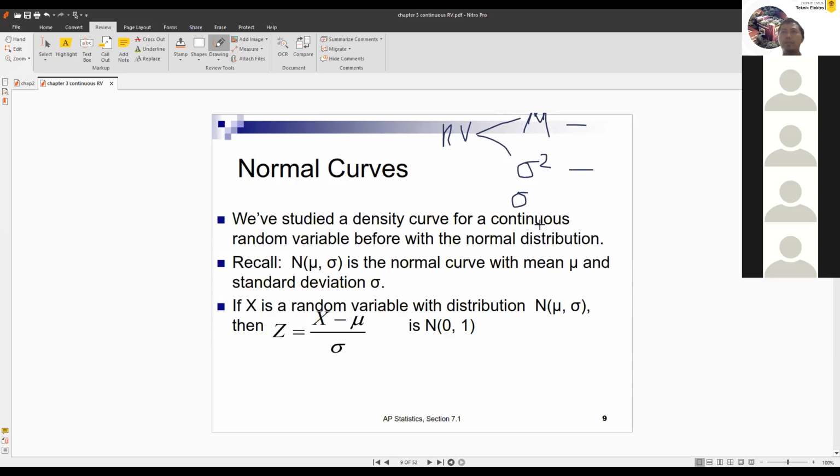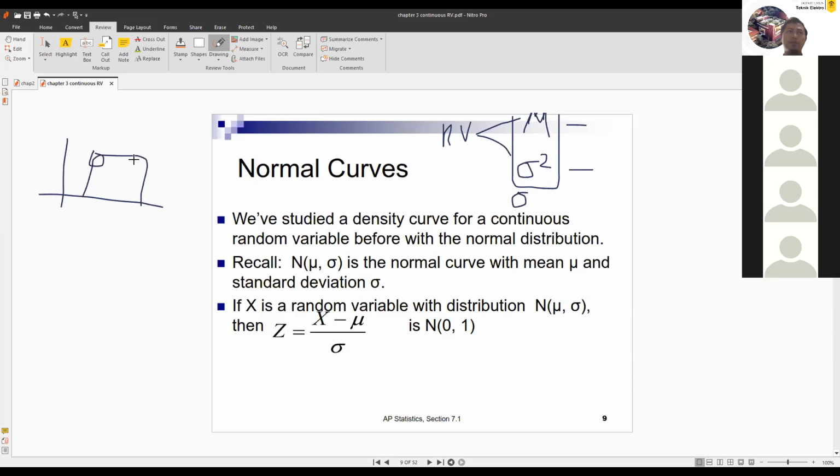Based on the pattern of how the curve is shaped, maybe bell shape or rectangular. Until now, we already understand the uniform distribution, that the graph looks like this.